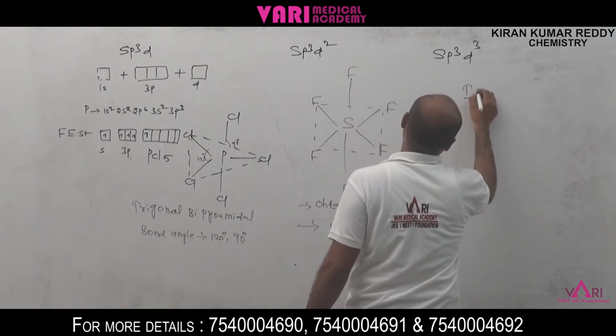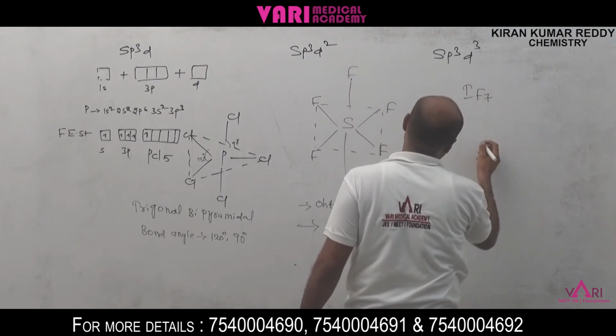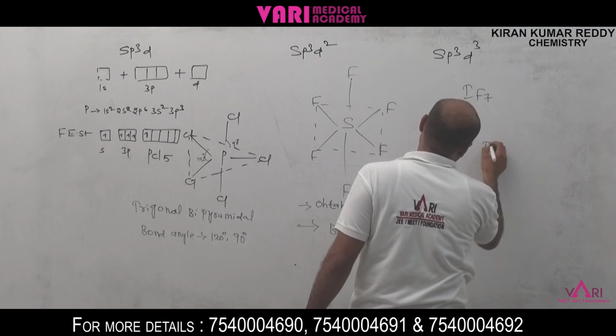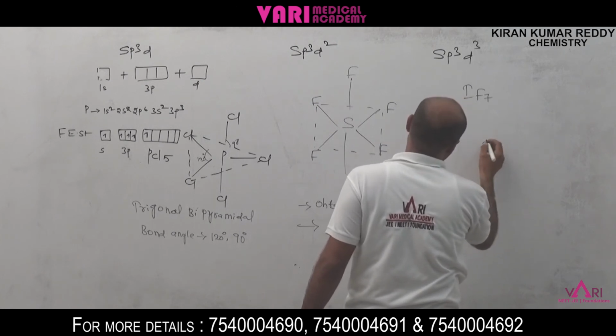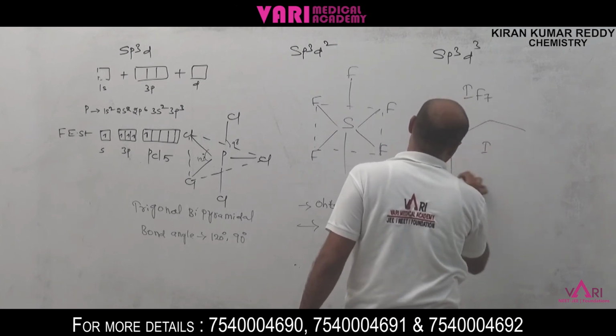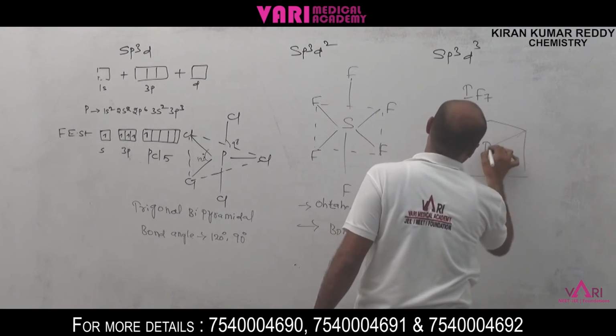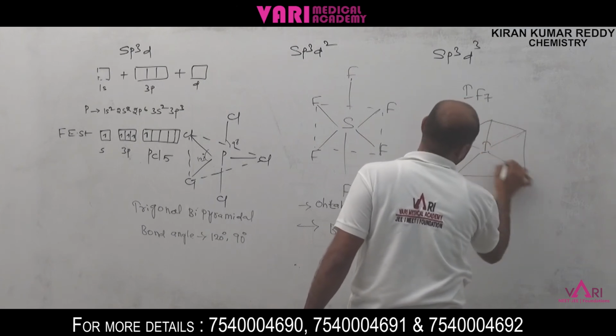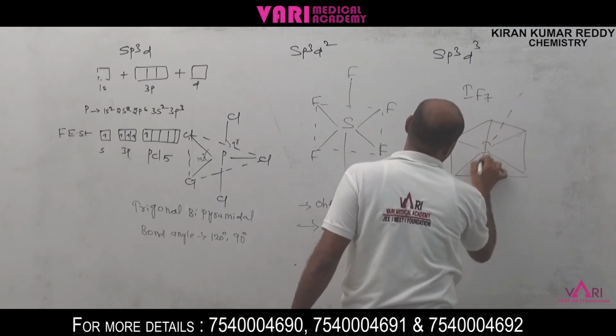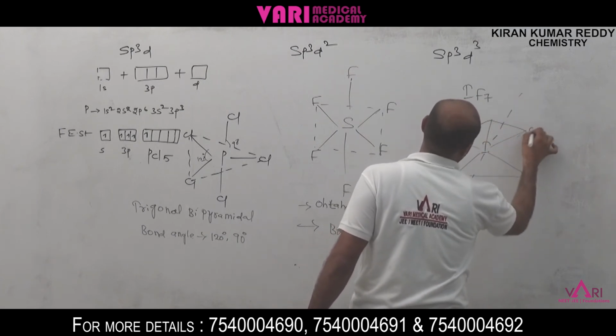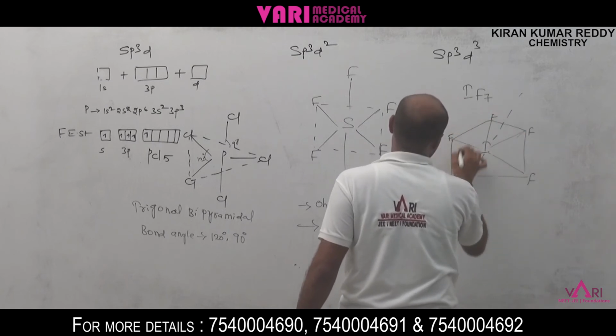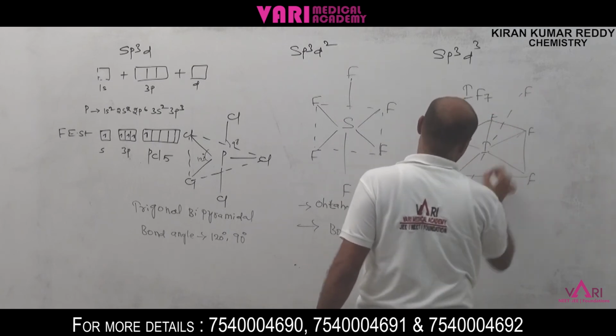sp3d3 is IF7. We can take IF7, which is pentagonal bipyramidal, and one of the fluorine is here, here also fluorine.